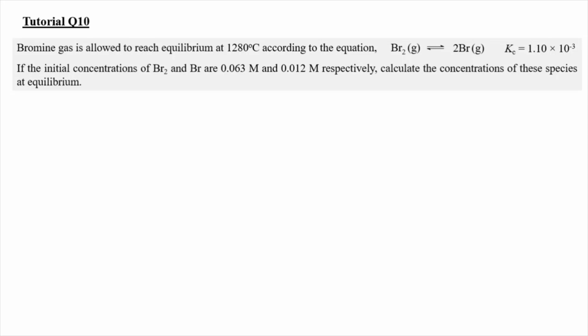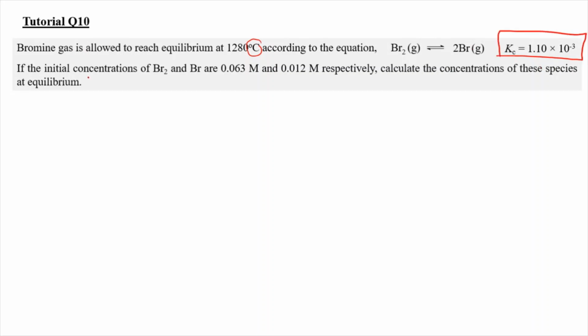So for tutorial question 10, the bromine gas is allowed to reach equilibrium at 128 degrees Celsius according to the equation given here, which is the bromine gas decomposes into two bromine atoms in the gaseous state. The Kc is given to be 1.1 times 10 to the power of negative 3.